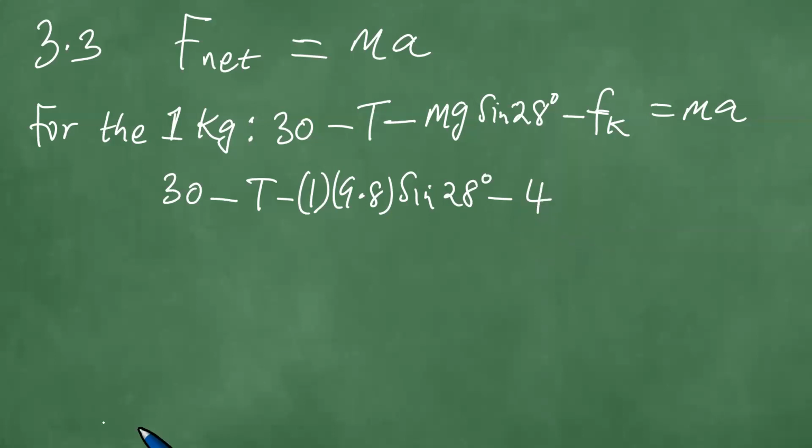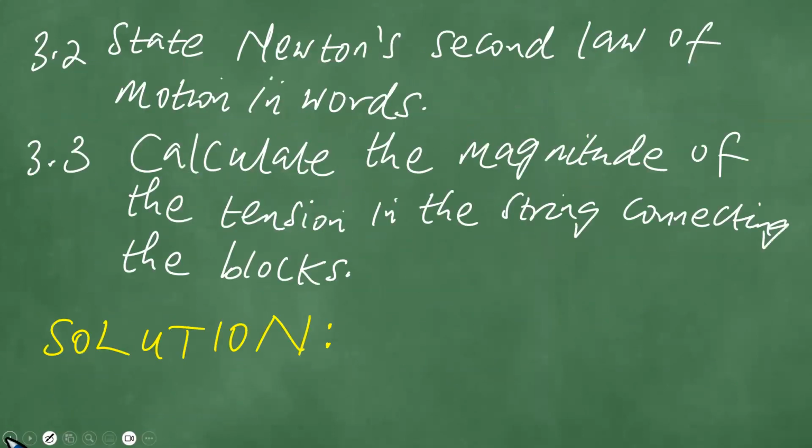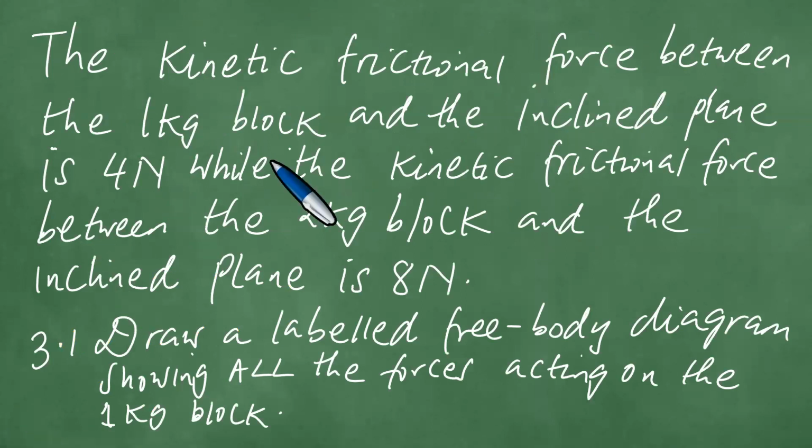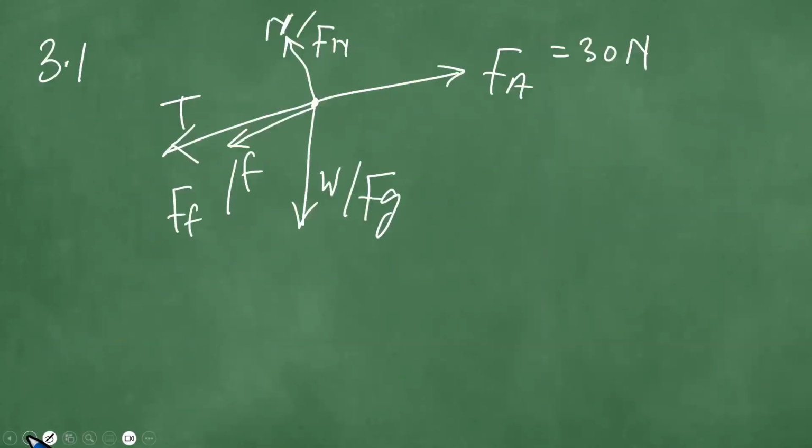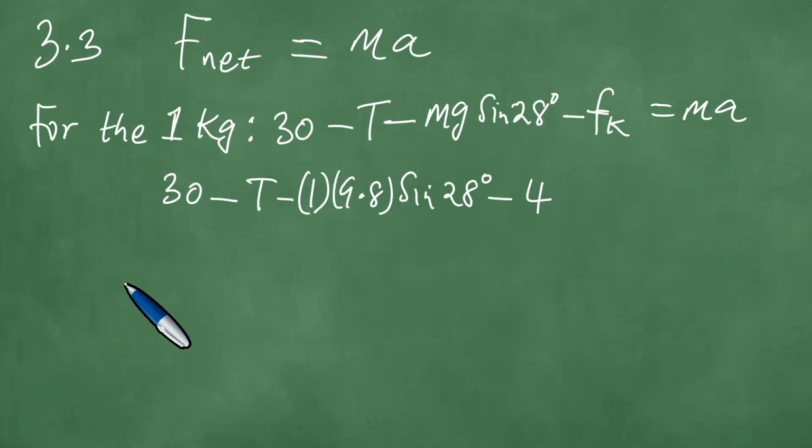We're told the kinetic frictional force between the 1 kg block and the inclined plane is 4 newtons, and between the 2 kg block and the inclined plane is 8 newtons. So we have 4 newtons for the 1 kg block, and this is equal to the mass times the acceleration.